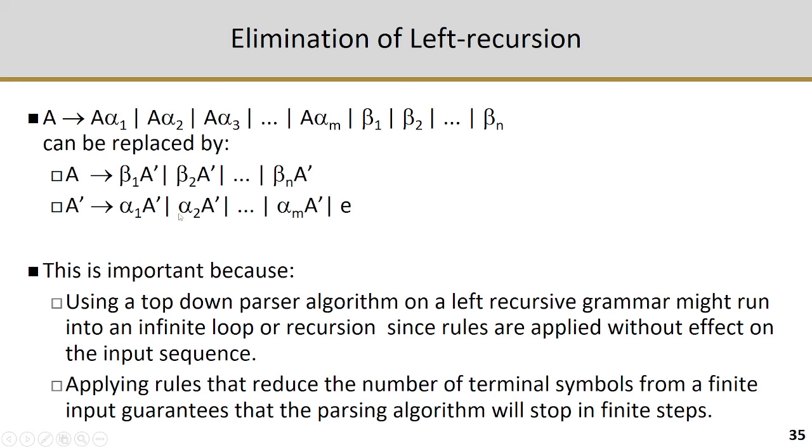However, in this case, this iteration is done in a way that first we have the sequence of tokens and then the non-terminal. So in this case, if this alpha includes at least one token, that token is read from the input, and since the input is finite, this recursive call will be finite as well.